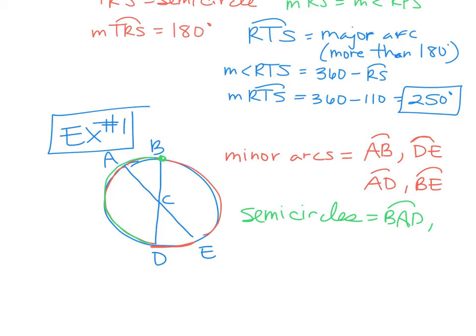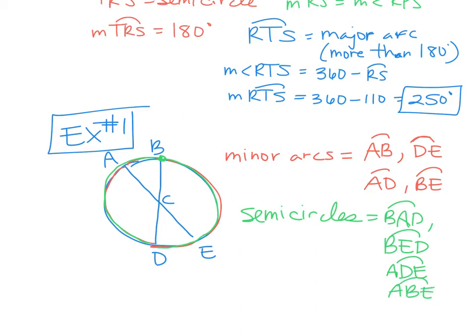So BED would be one. BED, that would be this guy. There's actually 2 more. Do you see what they are? A-D-E and a B-E. Okay, so those are the semicircles.